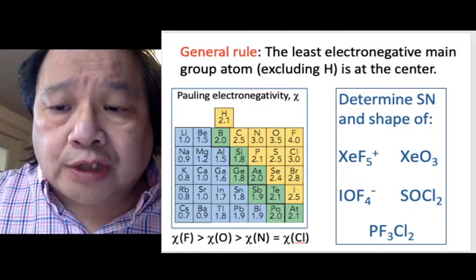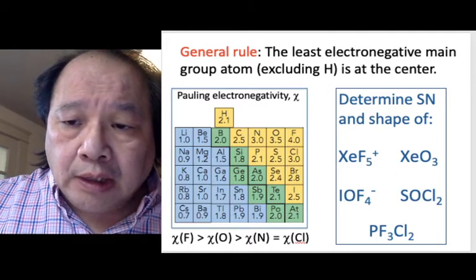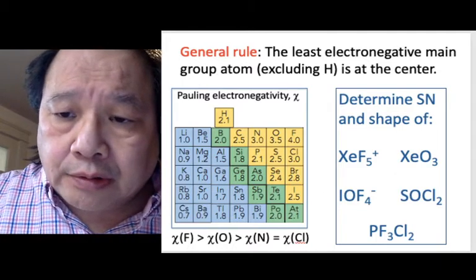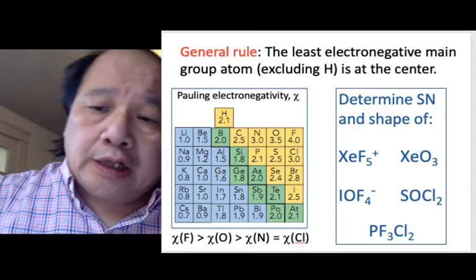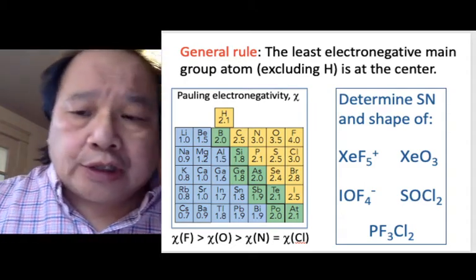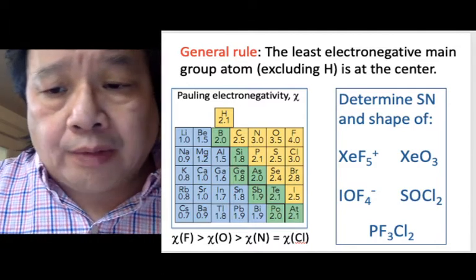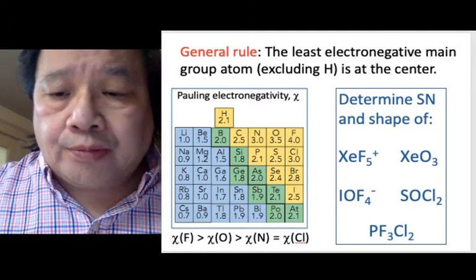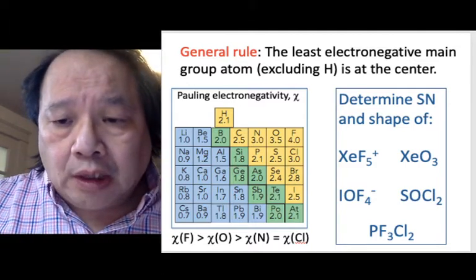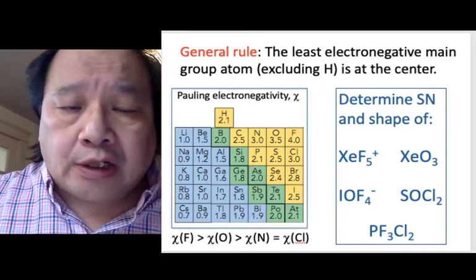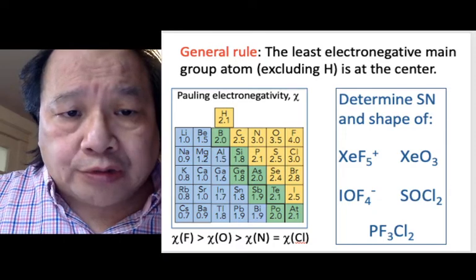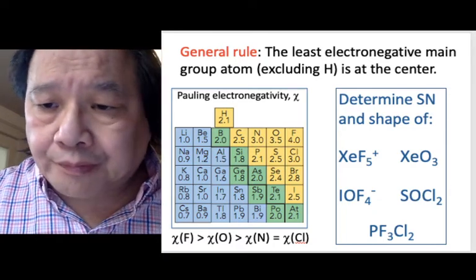Then comes oxygen, nitrogen, and chlorine, where nitrogen and chlorine are tied. And the further you get away from fluorine, the more electropositive it is. And you can see that the N effect is there. The second row is more electronegative than the third row.